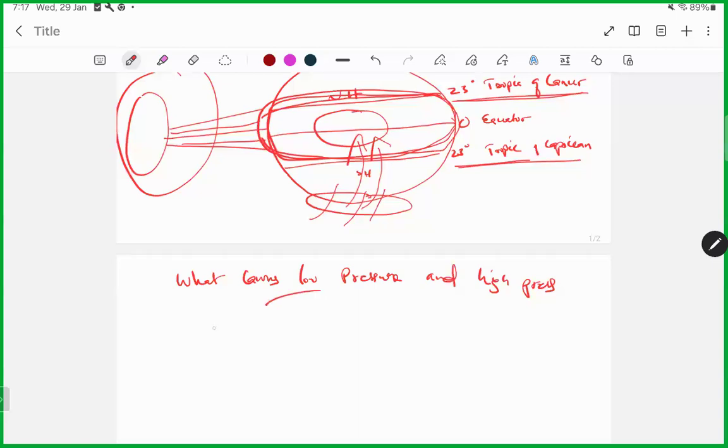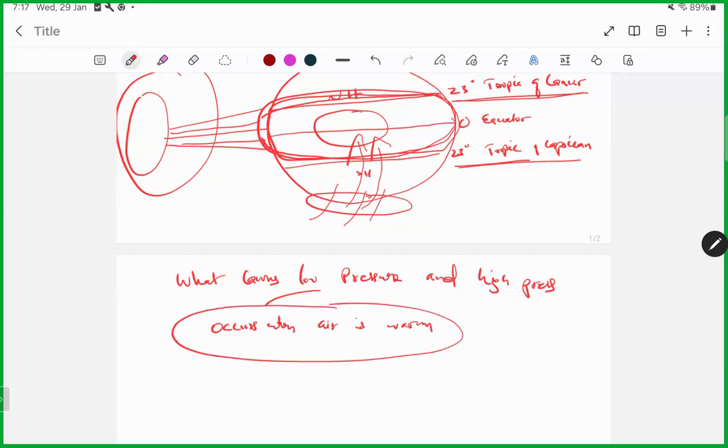Low pressure occurs when air is warm. So where the air is warm, there is low pressure, which means the equatorial region and the Tropic of Cancer and Tropic of Capricorn are warm, so there is always a low pressure there. It is simple.